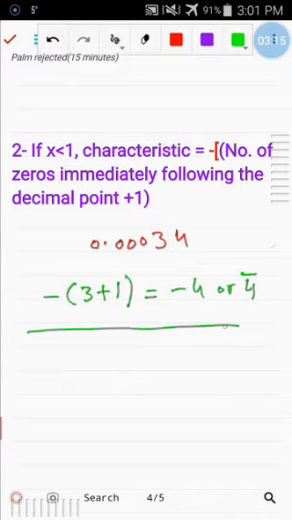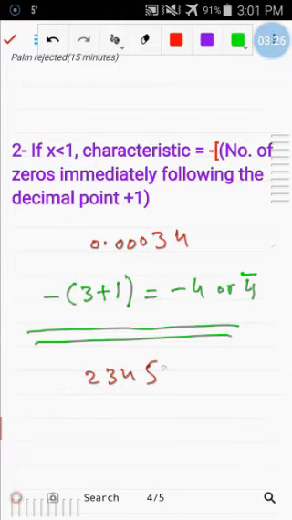We can also find the characteristic of any number directly. For example, if the number is 2345, we move the decimal point from here to here to remain only one non-zero digit to the left side of the decimal point.